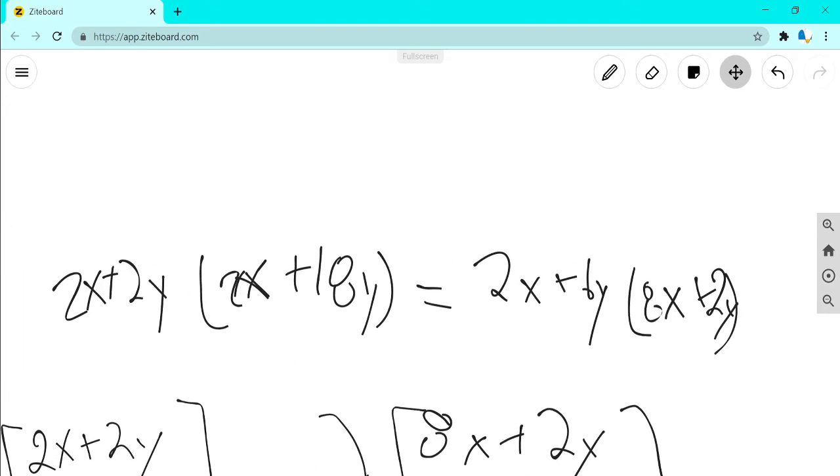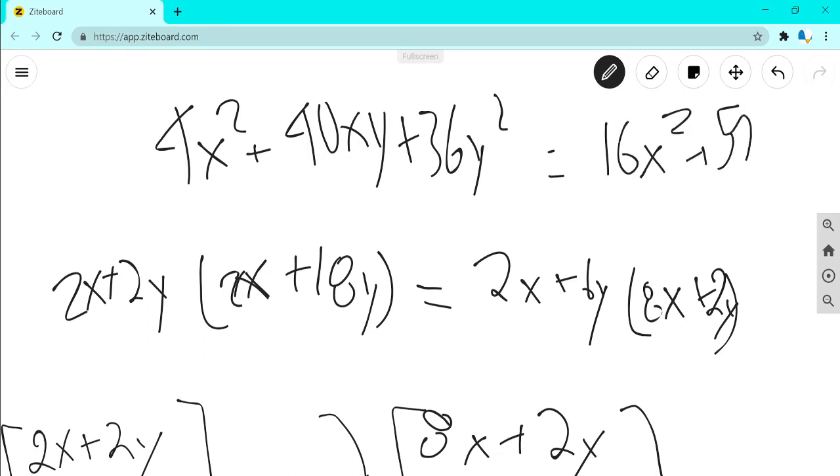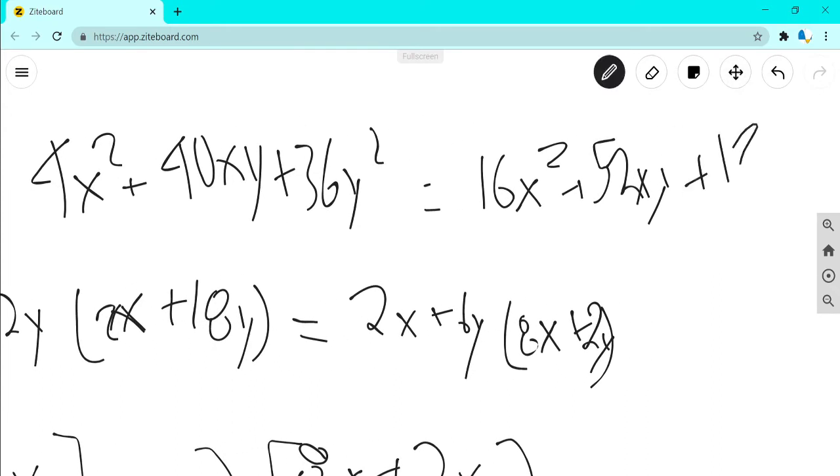So let's just expand that. You're going to get 4x squared plus 40xy plus 36y squared equals 16x squared plus 52xy plus 12y squared.